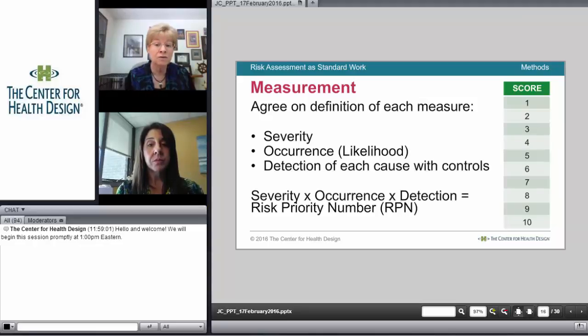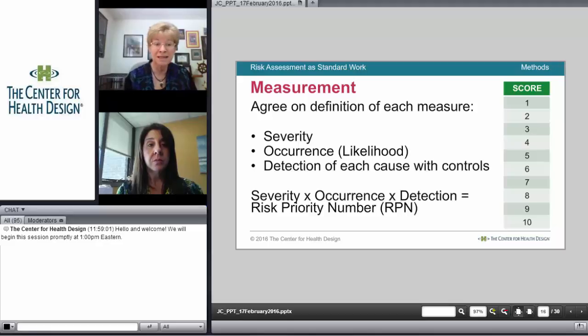And then for likelihood, you're going to have a different 1 through 10 scale, and for detection as well. You want very clear metrics. So you might say, how likely is it that this will occur? A 1 could be that it's pretty rare. An 8 could be that it happens 4 times a month.